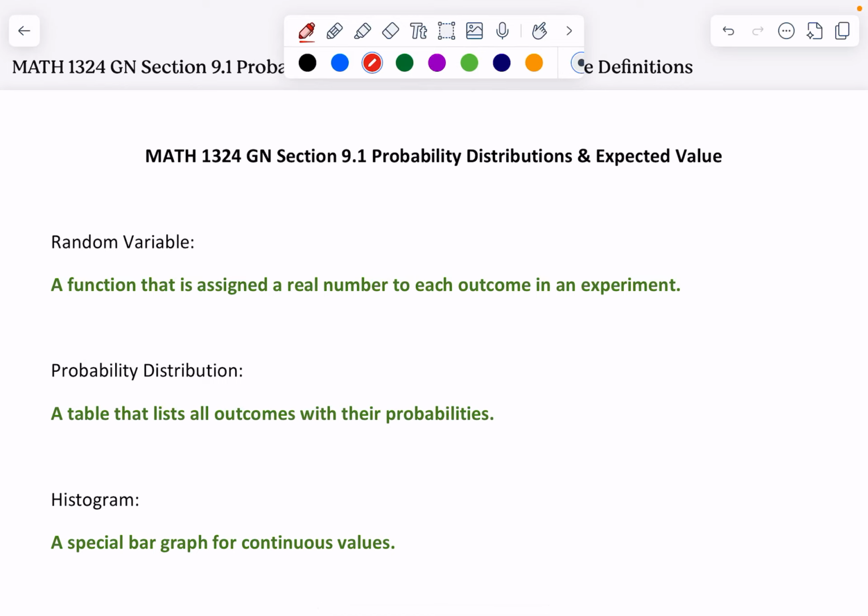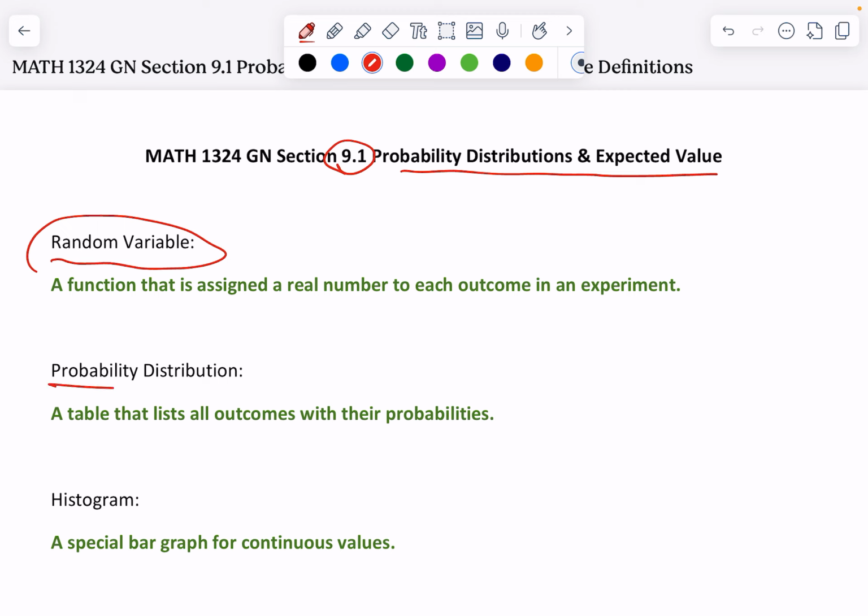Hello. So this is chapter 9, and we're going to start with 9.1 probability distributions and expected value. So we're going to define a couple of things before we move forward here. First, we have a random variable, which is a function that assigns a real number to each outcome in an experiment.